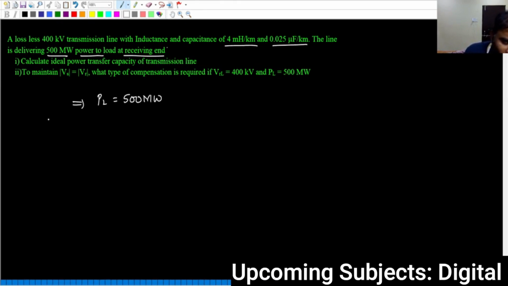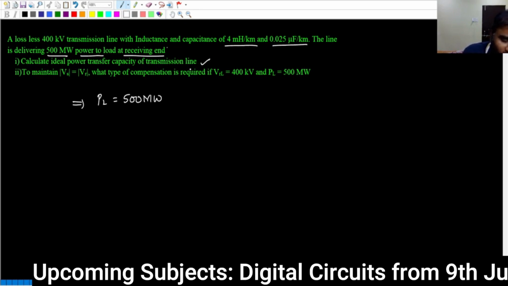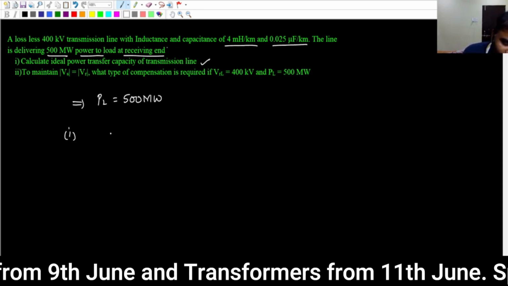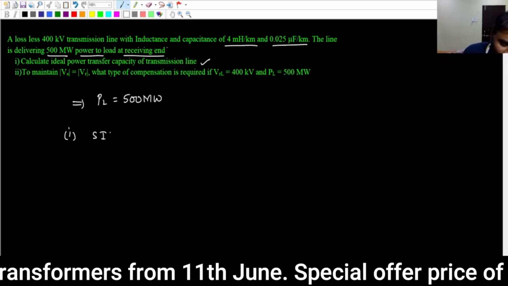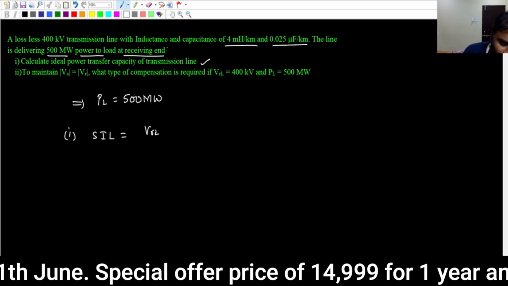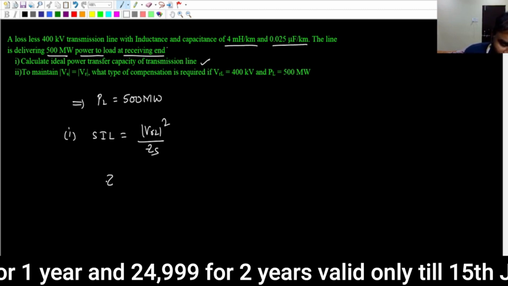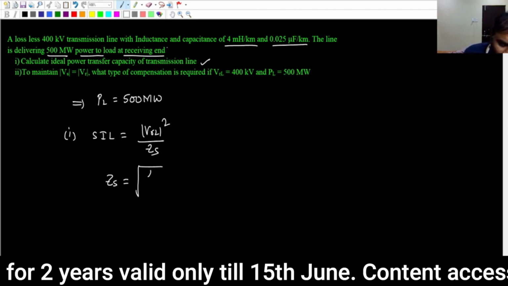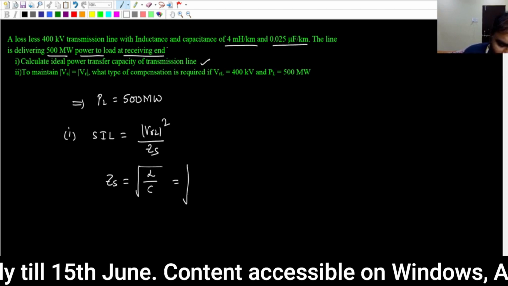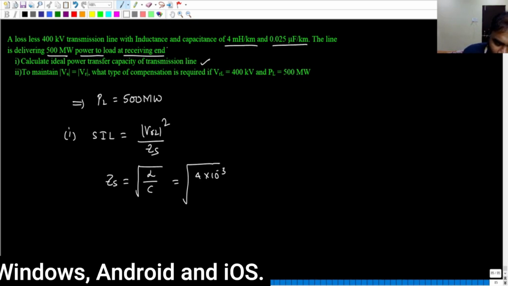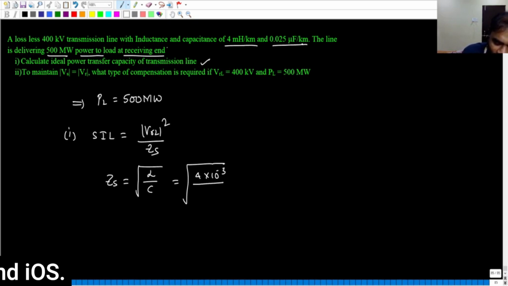Fine. First question, what is the ideal power transfer capacity of the line? Ideal power transfer capacity of the line means surge impedance loading. What is the formula? VRL square by Z surge. But first of all we need to calculate Zs. Zs equal to root over small l by small c. That is 4 into 10 power minus 3 per kilometer, so even here also per kilometer.